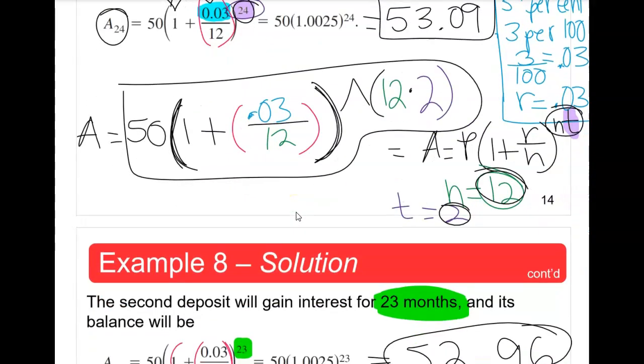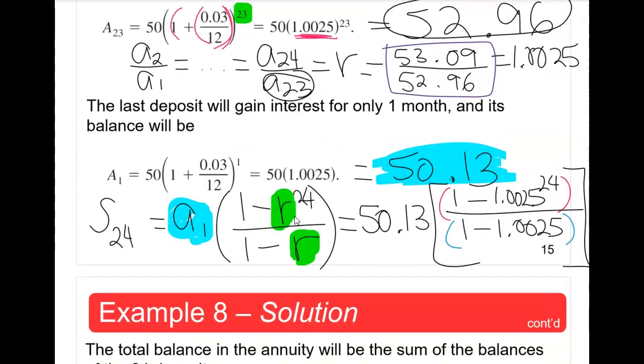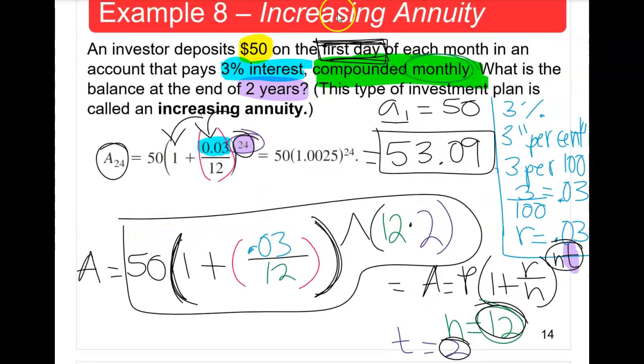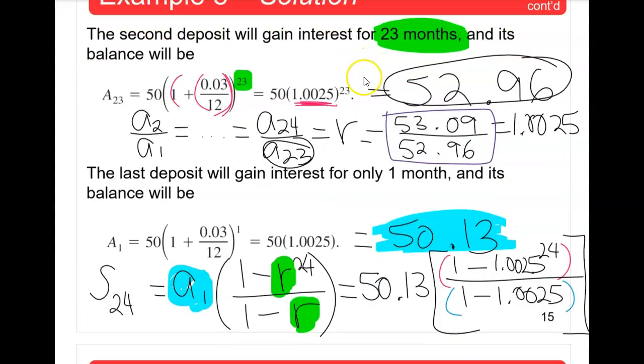And so when we calculate it, the first payment, that payment was made at the first of the month, because that's literally what the problem says here, the first day. So during that month, from day 1, that's when the amount was deposited, 50.